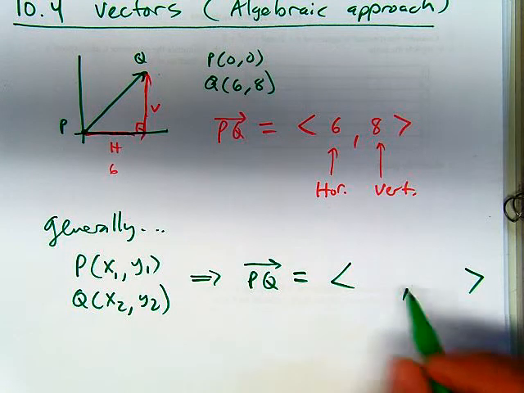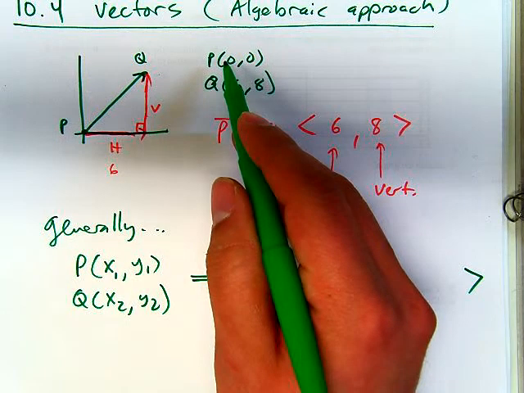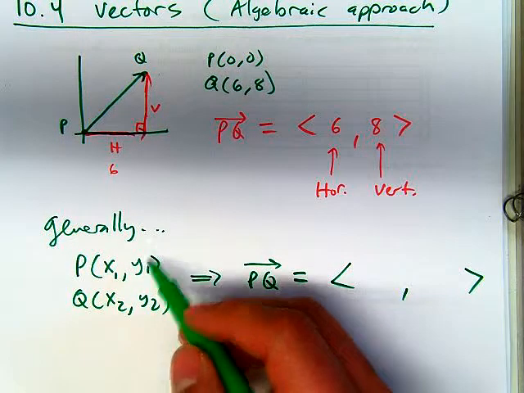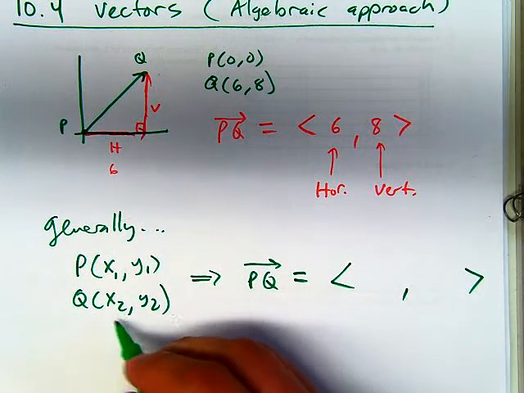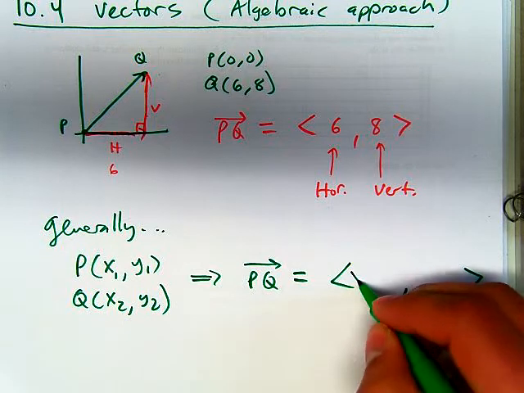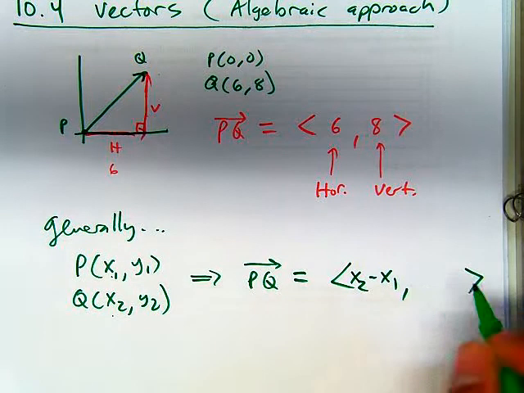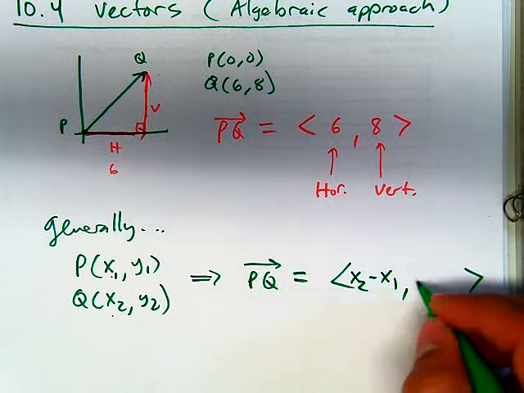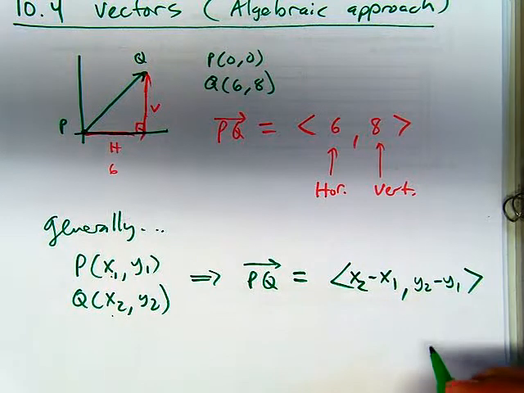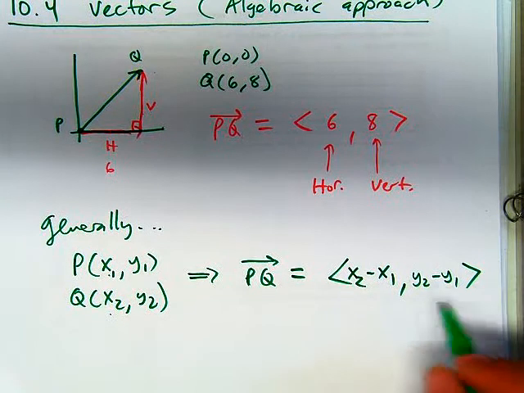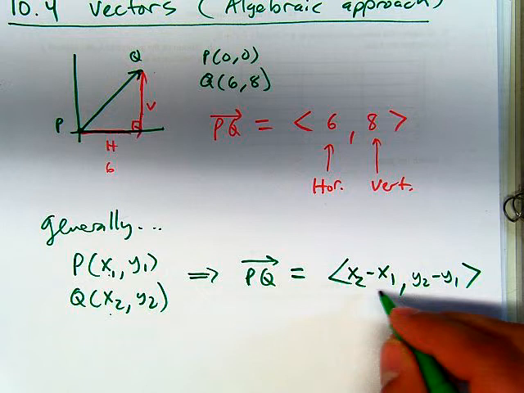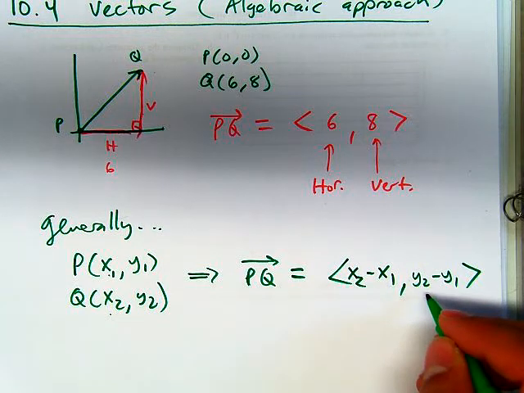So for instance, let's say P was not at (0, 0) but somewhere else, we would take final x, which is x2, minus initial x, which is x1, and then do the same with y. So final y minus initial y. Always has to be in that order. Okay, so this would always give you the horizontal and the vertical components.